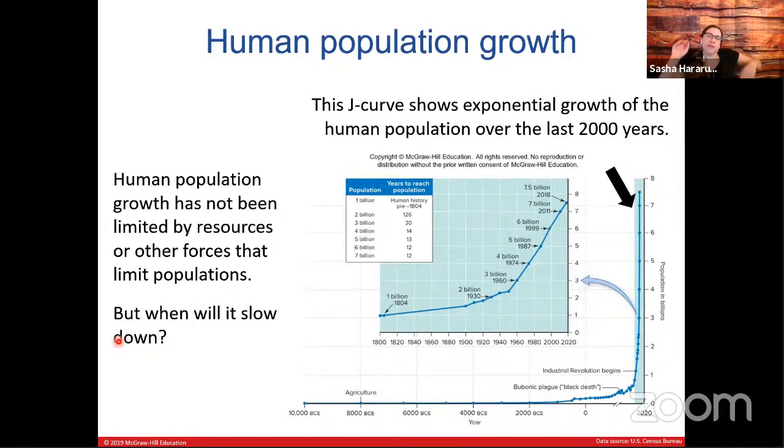Now, human population growth has been exponential. So consider two graphs. This first graph depicts the human population size over the past 10,000 years.